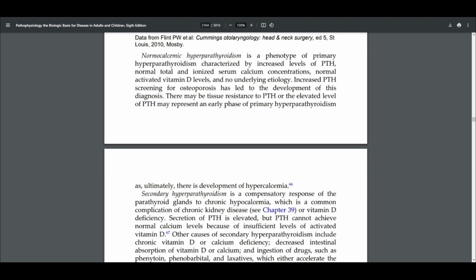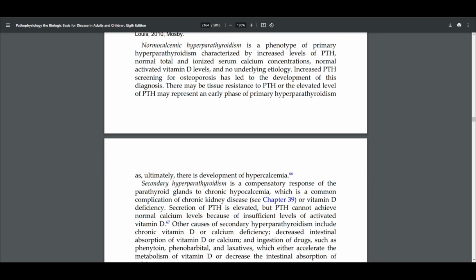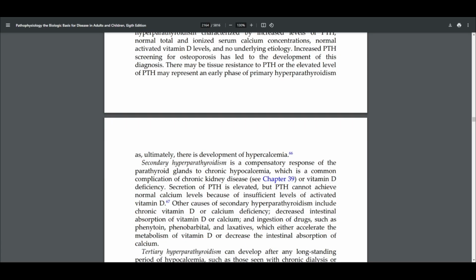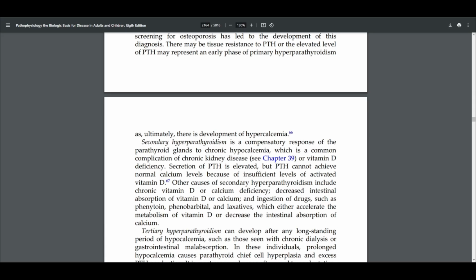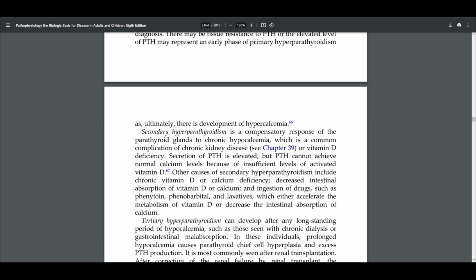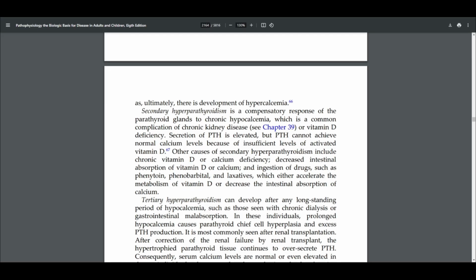Increased PTH screenings for osteoporosis have led to the development of this diagnosis. There may be tissue resistance to PTH. Elevated levels of PTH may represent an early phase of primary hyperparathyroidism, as ultimately there is development of hypercalcemia.